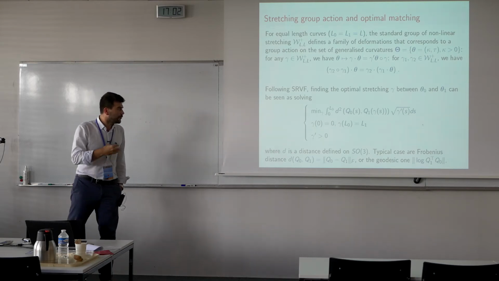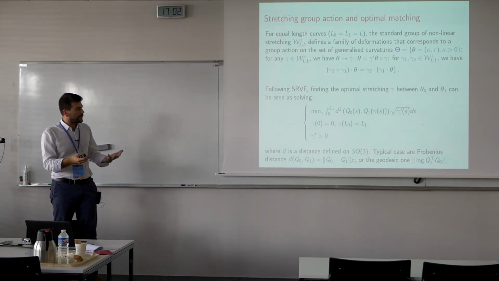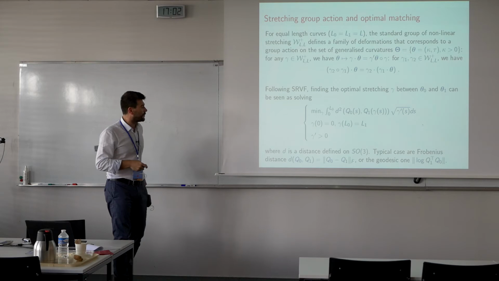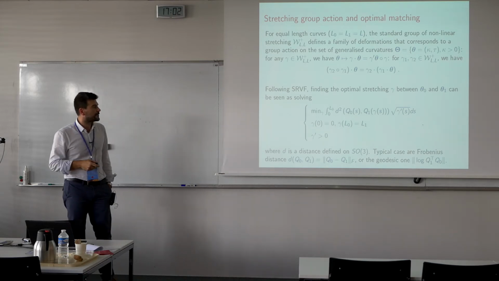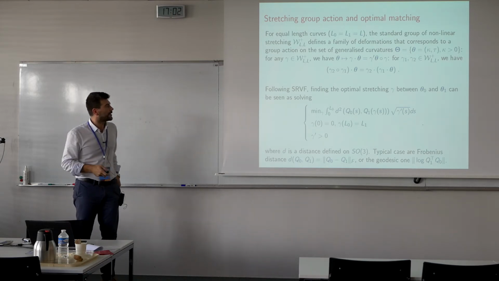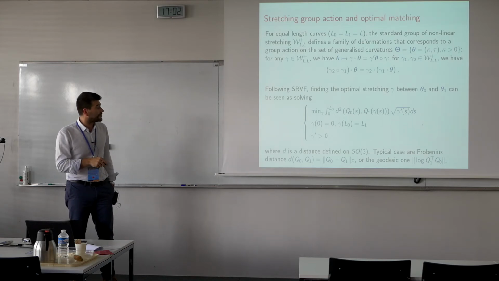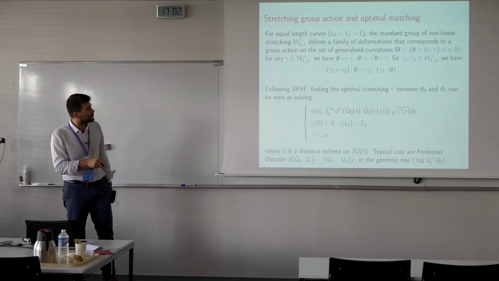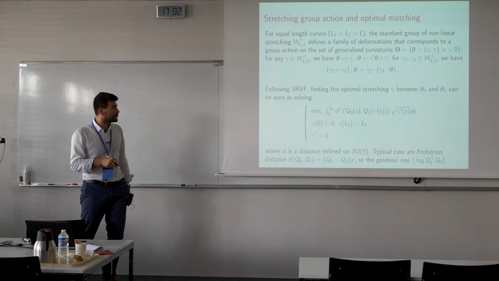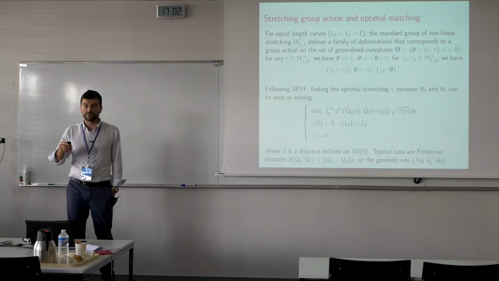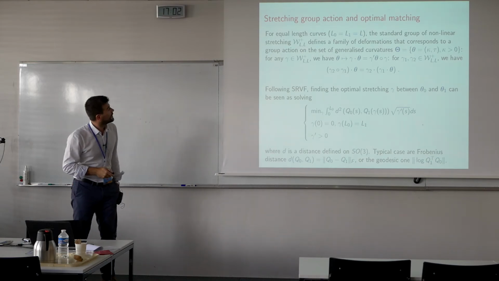We expect this to open a new way of aligning curves by maybe varying the distance. And what you can use is, of course, the Frobenius distance, or you can also use the geodesic distance between the two. But okay.